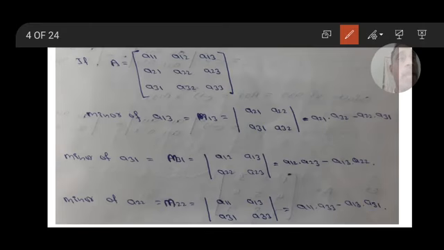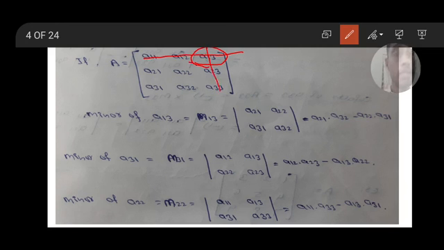suppose A11, A12, A13, A21, A22, A23, A31, A32, A33 is a 3 by 3 matrix. Suppose I am taking the minor of A13. To find the minor of this element, we have to delete its row and column.